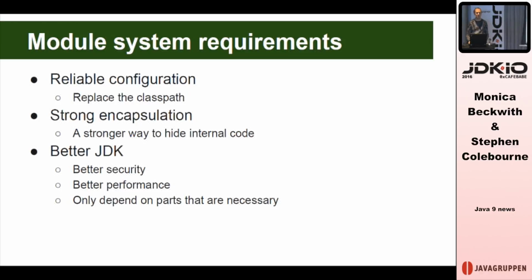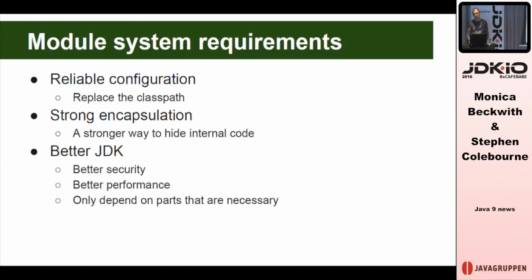The goal of a module system is to make it so that nobody else can call that code, to actually lock that code away so it can't be called. So that's what's referred to as strong encapsulation. Now, all of that works on a per package basis. So you can only restrict and encapsulate that code on a per package basis.